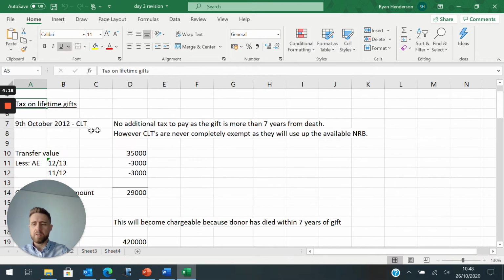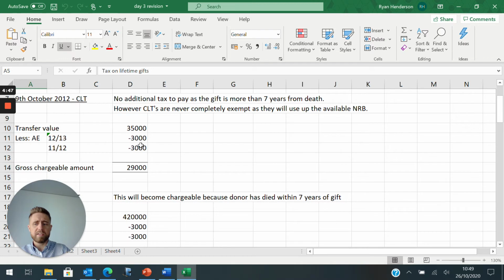So the 9th of October 2012, we had a CLT. Now the CLT, there is no additional tax to pay on this because it is more than 7 years old. However, as we know, a CLT is taxable in lifetime, and even though it's more than 7 years old, it is never going to be completely exempt because it has used up the available nil rate band.